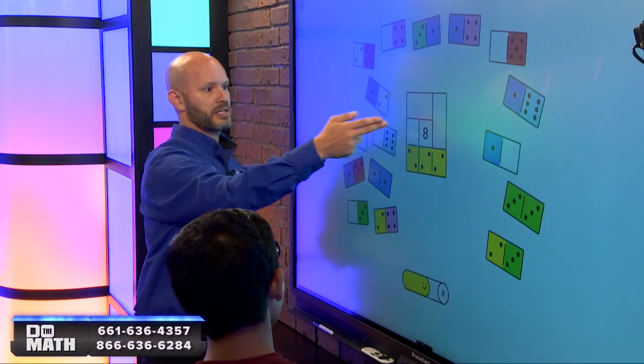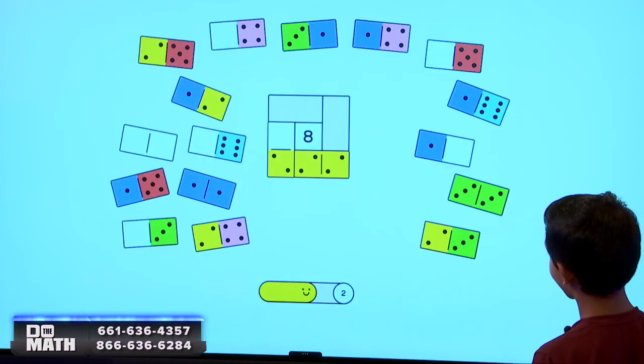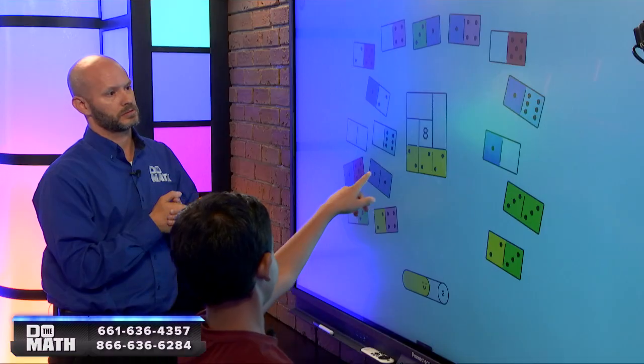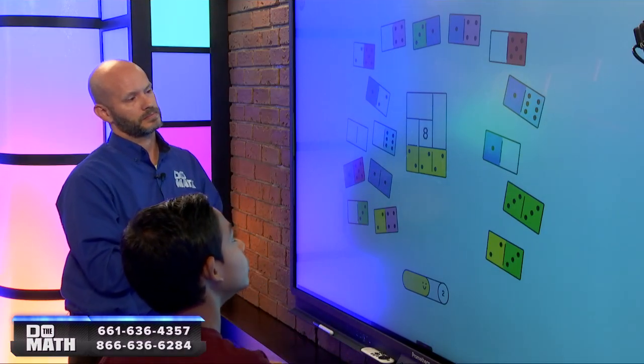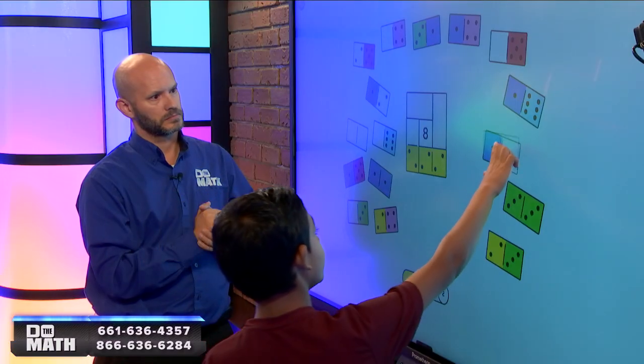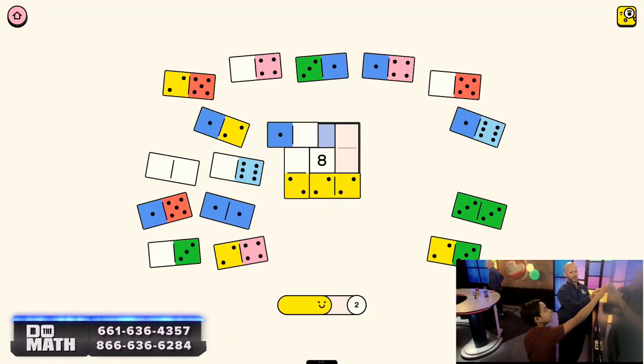We have a blank, and we have another yellow. What piece could we drag over so that we match our colors and our numbers? This one has to be white now, so we could do a 1 with the blank side. Okay, let's bring the blank side so that it's over here, and then the blue is over there. Bring it over this way.